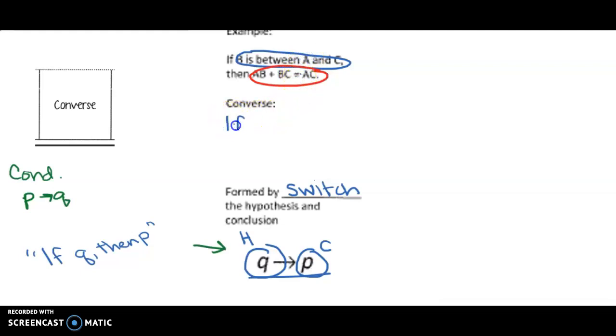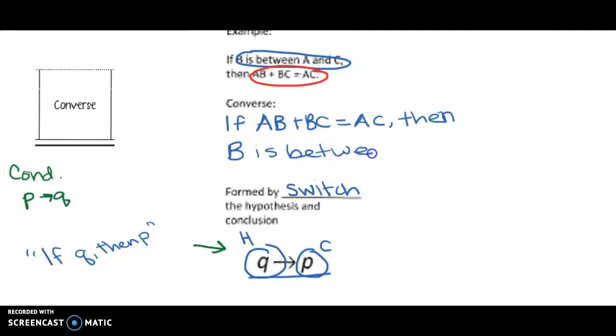So we would say if, now we're flipping these, so it would be if AB plus BC equals AC, comma, then, now the conclusion would be the hypothesis before, which would be, then B is between A and C.